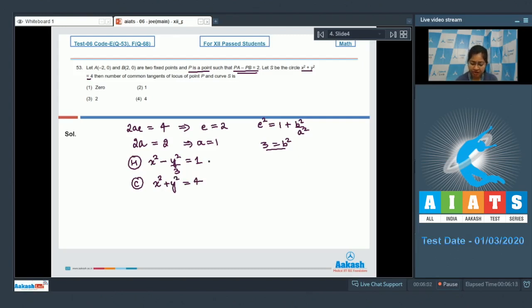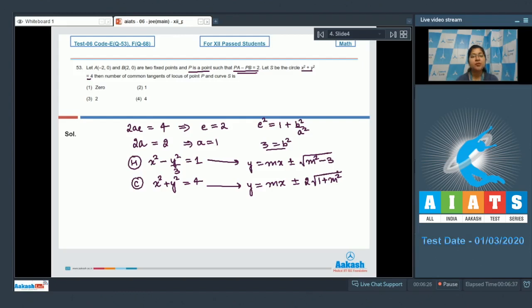Now the tangent on the hyperbola is y equal to mx plus minus square root of a square m square minus b square. And for the circle, the tangent is y equal to mx plus minus a into under root of 1 plus m square.